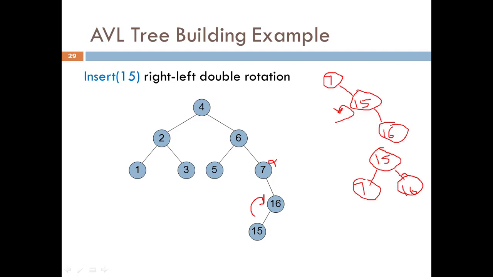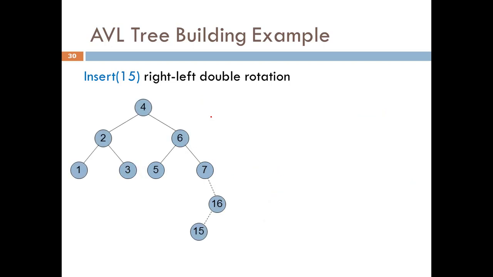So once completed, we will attach this one to this one, and once this has been attached, we will see that the tree is in the balanced form, and there is no need for further rotations, because all the nodes will have the balance factor of 0 or -1 or 1. So this is how it works.